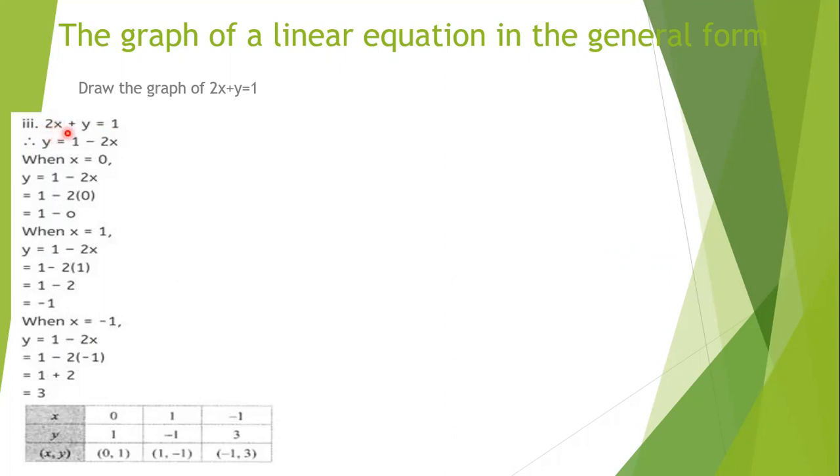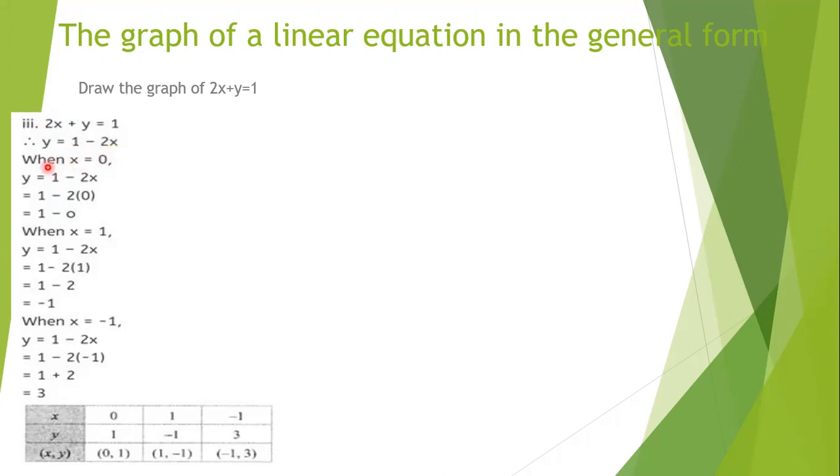So whenever you are changing the place, you have to keep in mind that the sign gets converted. Okay. So here we have plus 2x. So when you are moving it to the right hand side, it will get converted into minus 2x. So here we have y, then this equal to copied as it is. This one also copied as it is. Now this 2x, I have just transferred it to the right hand side of equal to. So it has got converted into minus 2x.